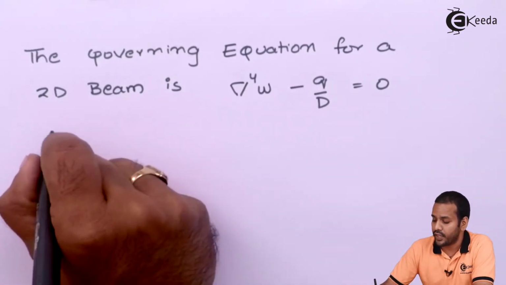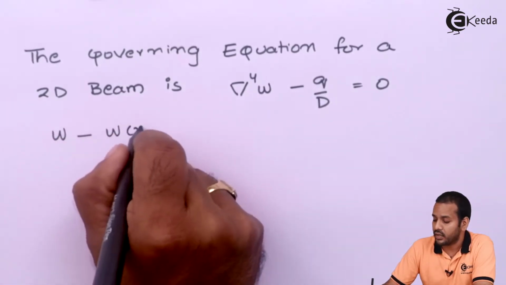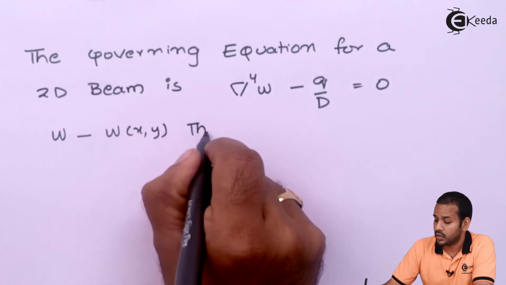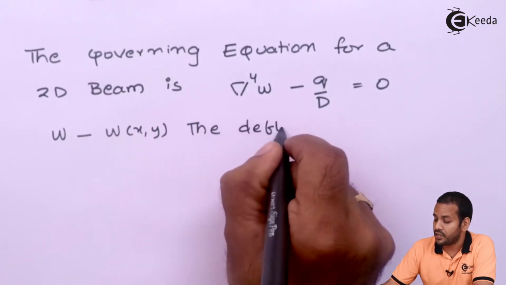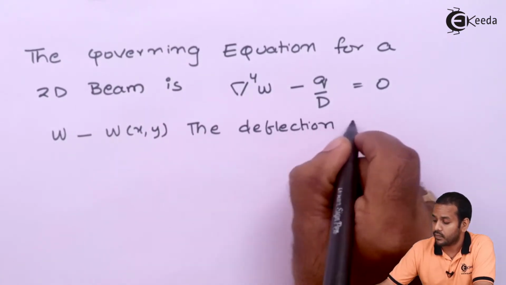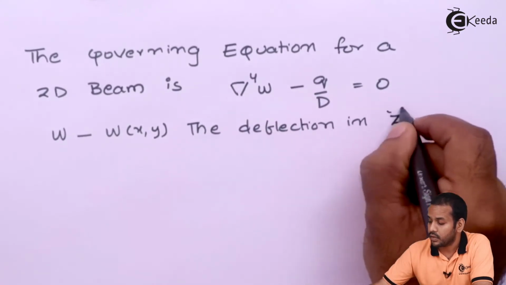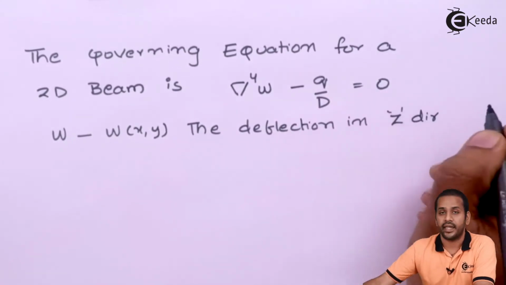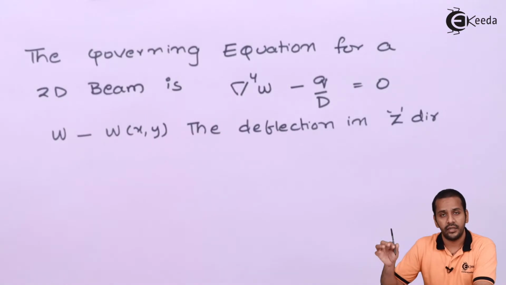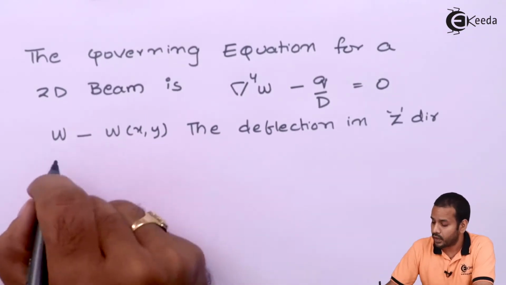So what does this w indicate? W indicates the deflection in z direction or the direction perpendicular to the plane of paper.